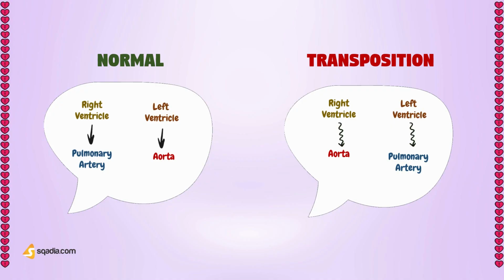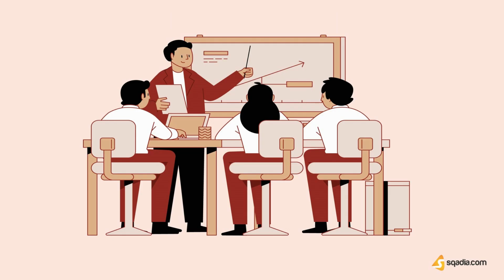Sir, then what will happen to the circulatory system as a result of transposition of great arteries? So, as a result of transposition of great arteries, blood from the right ventricle moves to body tissues, and through venous circulation, blood moves to the right atrium.